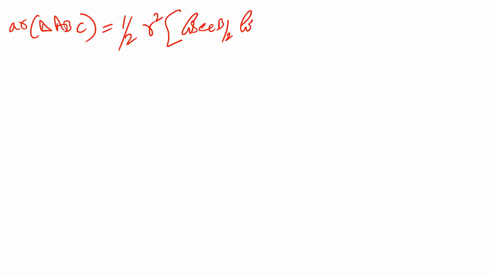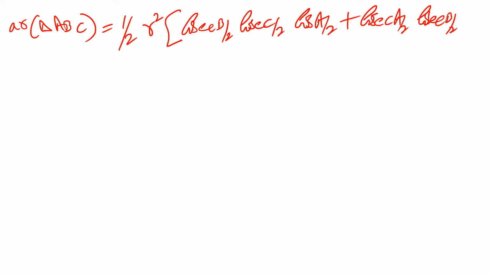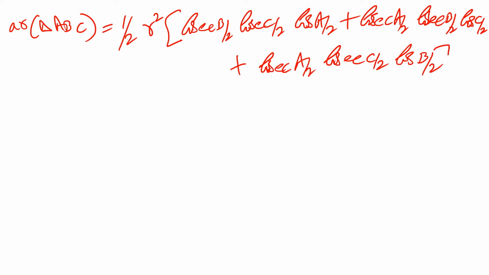Now students, if we continue in the same way, we can write area of triangle ABC equal to half r square outside the bracket, and inside the bracket we can write cosecant B by 2 into cosecant C by 2 into cos of A by 2 plus cosecant A by 2 into cosecant B by 2 into cos of C by 2 plus cosecant A by 2 into cosecant C by 2 into cos of B by 2.